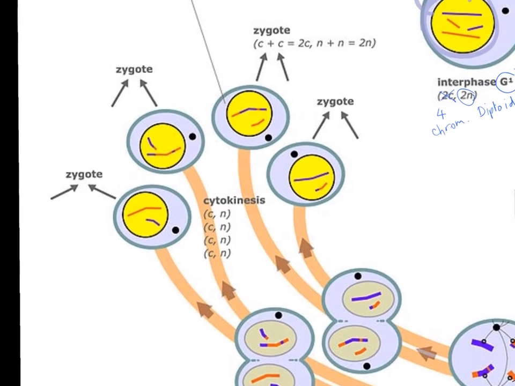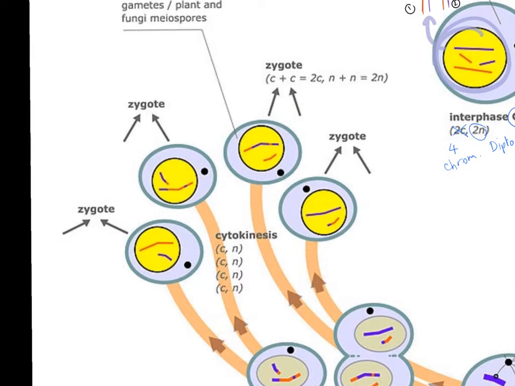In cytokinesis, each of these has 2 chromosomes and an N. Let me redraw that better: this whole thing is 1 chromosome, and here's your second chromosome.